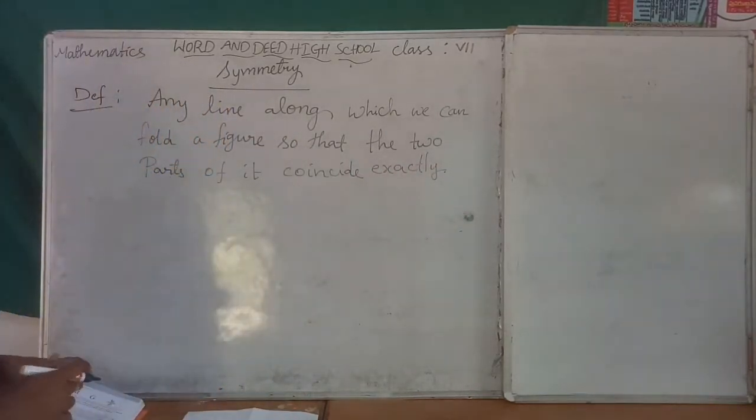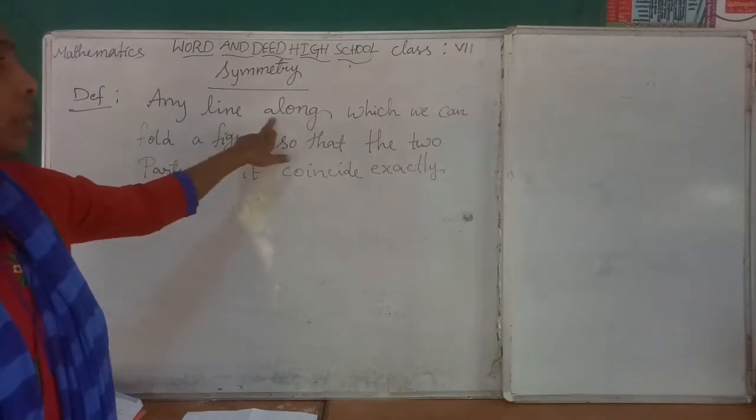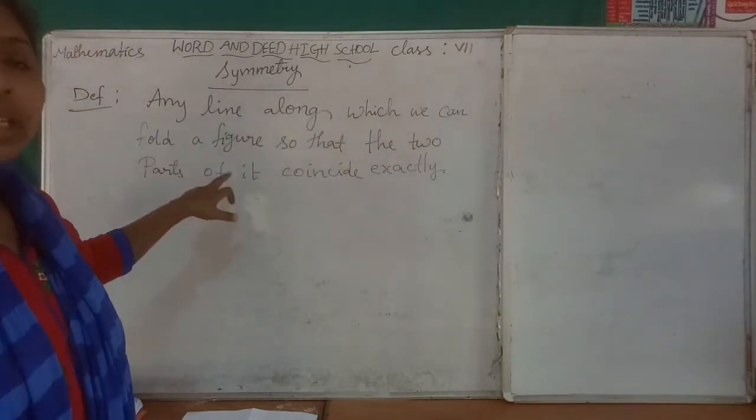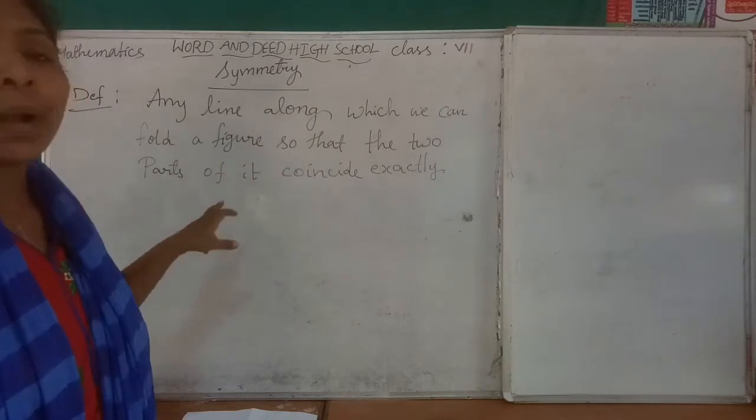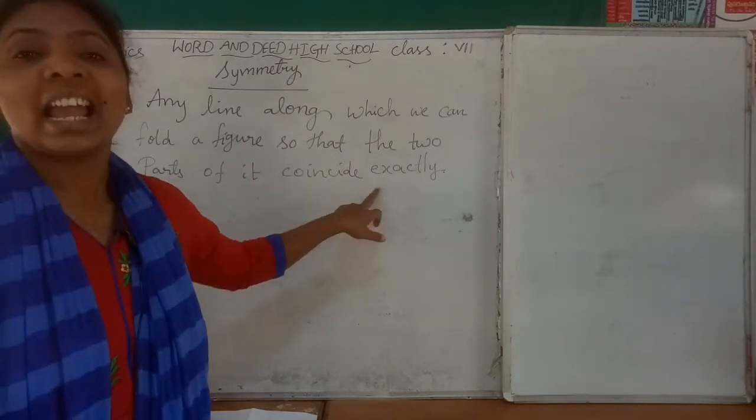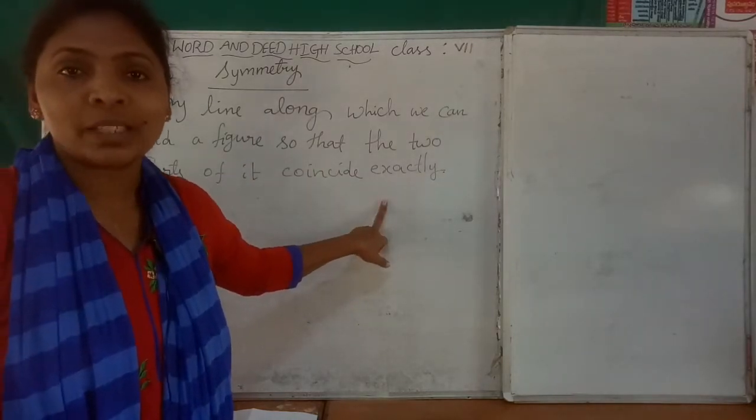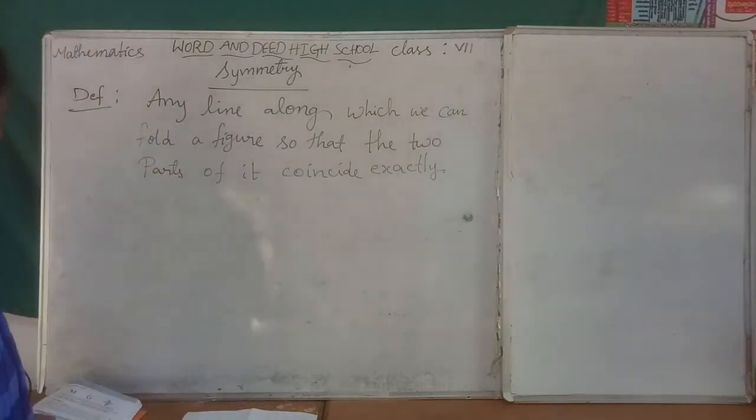Okay, see children, any line along which we can fold a figure so that the two parts of it coincide exactly. That only we observe now, children. Okay, so this is the definition, children.